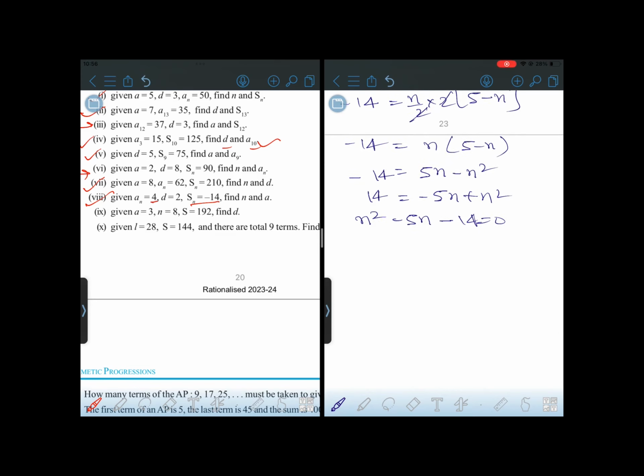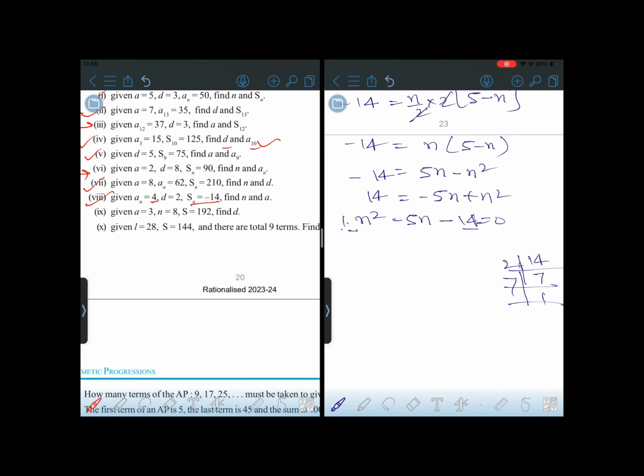The same way, we can take the factors of 14, because here we have 1 as the coefficient. So 1 into 14 is 14. Let's factorize that 14: that is 2, 7, 14, and 7, 7. So we have 2 and 7.